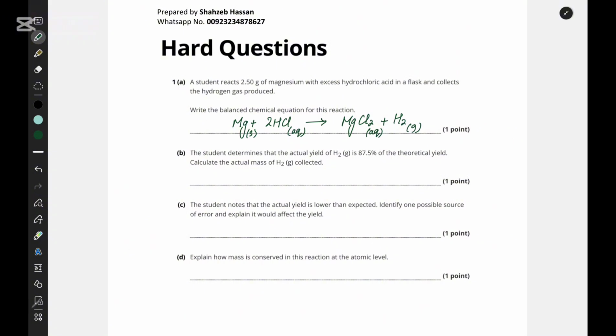So first of all, we have to find out the moles of magnesium. In order to find the moles of magnesium, the formula is mass over molar mass of magnesium, which is going to be 24.31. The answer comes out to be 0.1029. So you can see magnesium and hydrogen is 1:1. So it is going to form 0.1029 moles of hydrogen as well, because the ratio is 1:1.